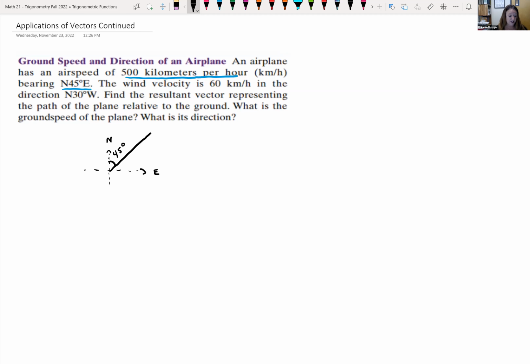The length of this vector, the magnitude, is the speed of the airplane. In this case, our speed of the airplane is 500 kilometers per hour. I'm just going to write it as kph.